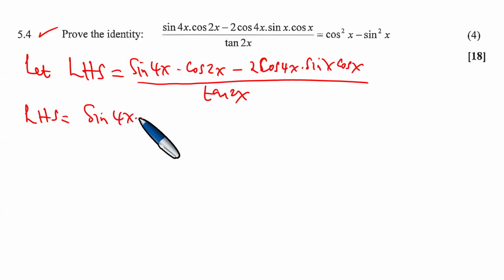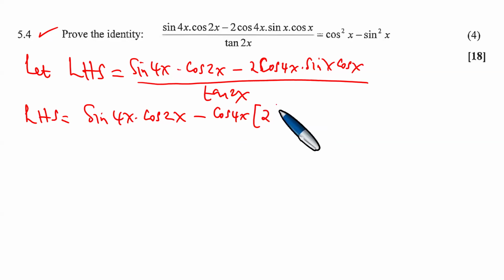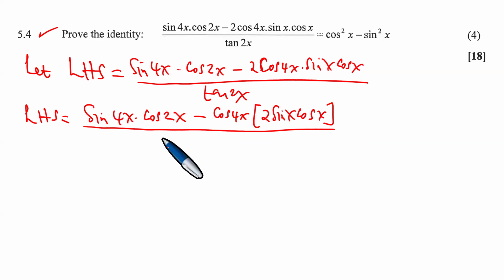But if you look at sine 4x cosine 2x, and then this one you can write cosine 4x, and then you allow the 2 to go in, and you have 2 sine x cosine x, and it is all divided by the tangent of 2x.